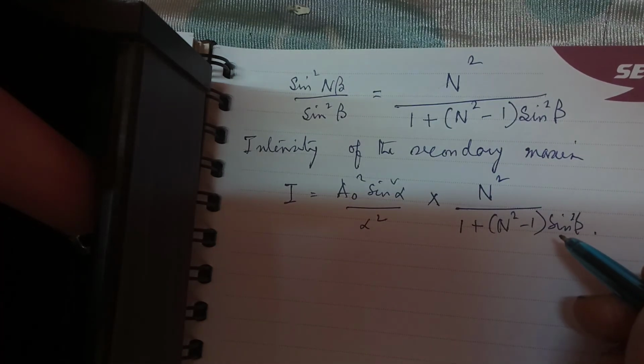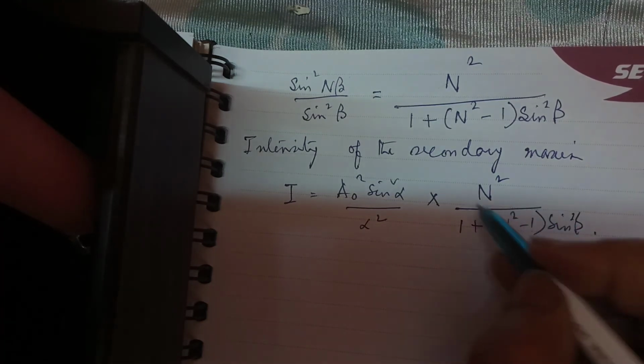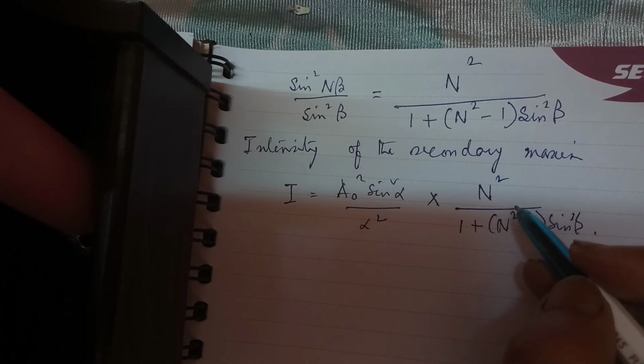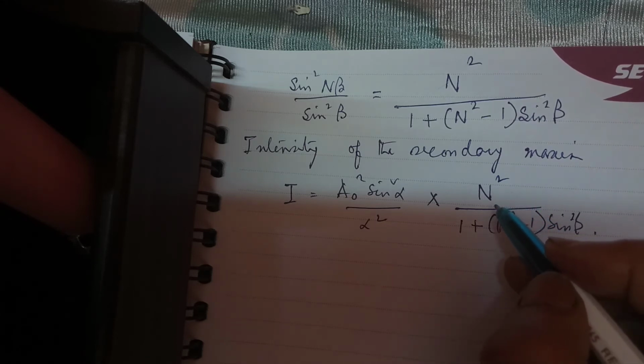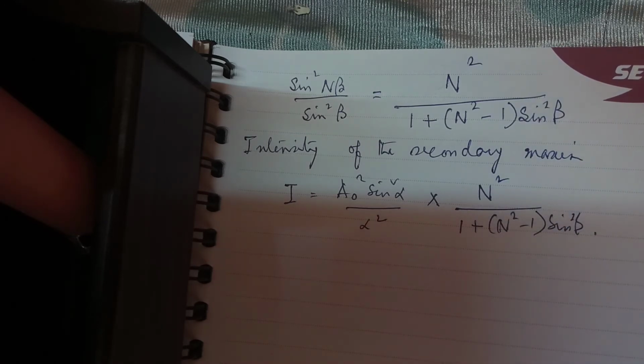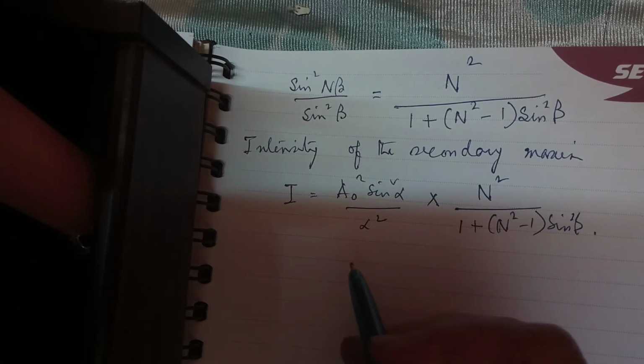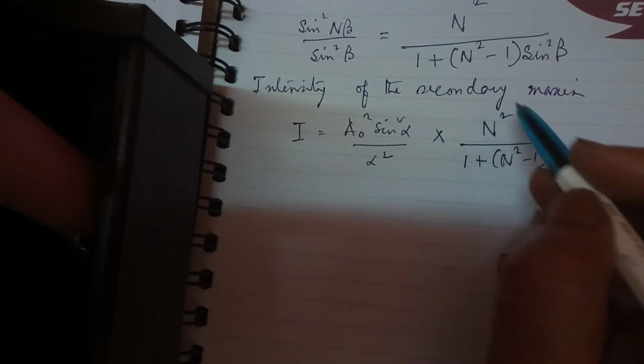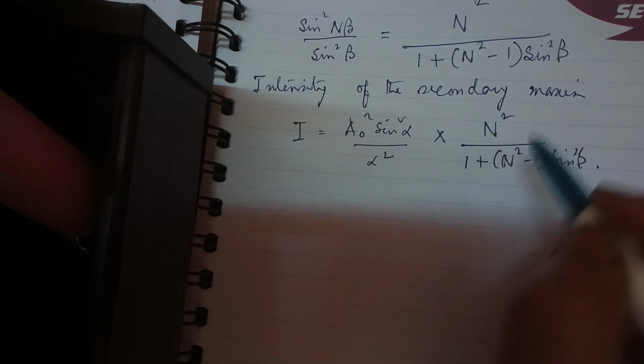Okay, so you see what is n square? If you take the ratio of the intensity of the secondary maxima to the intensity of the principal maxima, you will see that the intensity of the secondary maxima is very, very less. Because what is n square? N square is the intensity of the principal maxima.